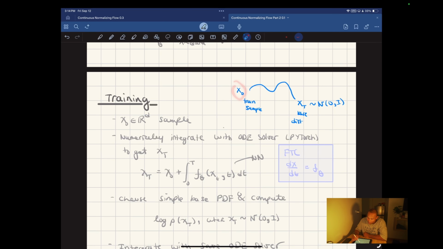First, we take a training sample and push it along this trajectory, which doesn't actually exist, but what does exist is our neural differential equation, our velocity field, parameterized by theta. If we sample a bunch of time steps between 0 and t and pass in the position and time step, we get a bunch of velocity vectors tangent to this line. And that's how we push this flattened image vector to this vector in our standard normal.